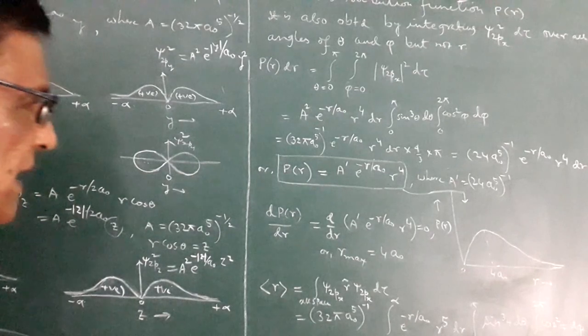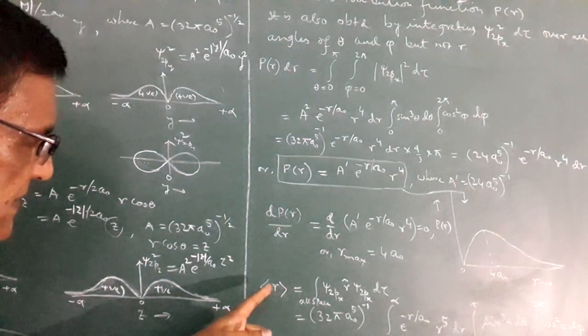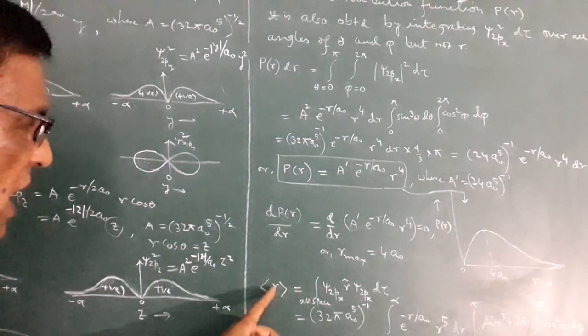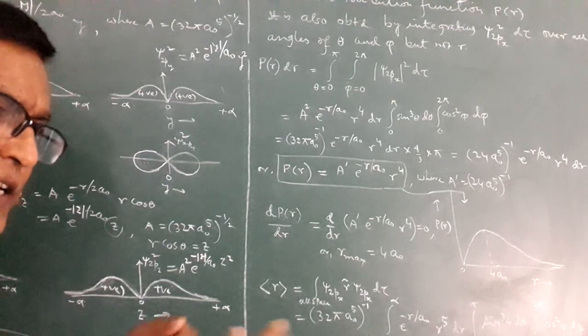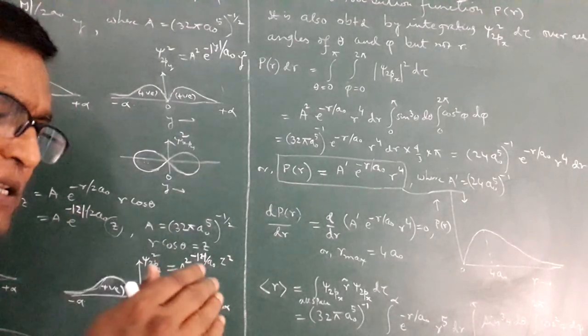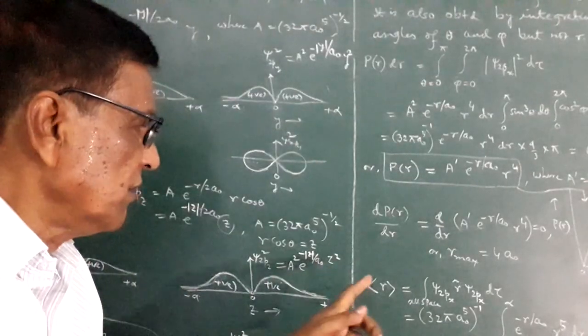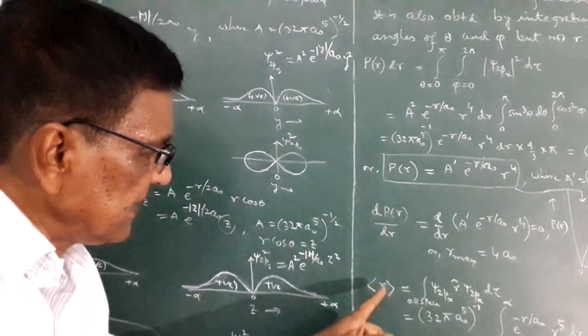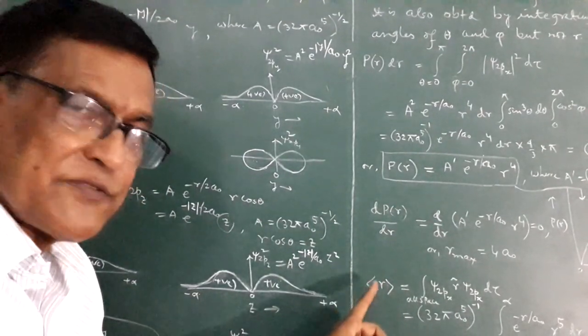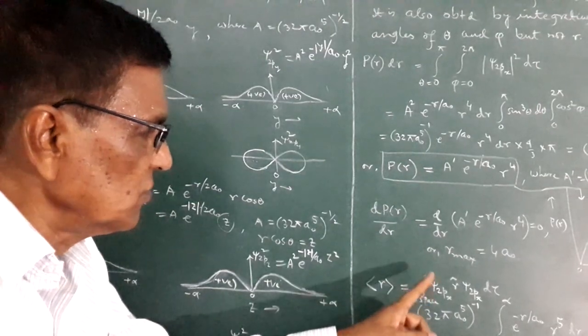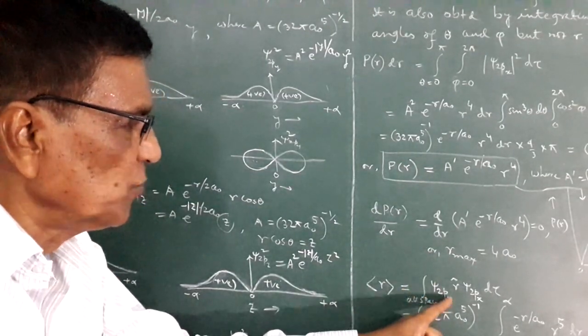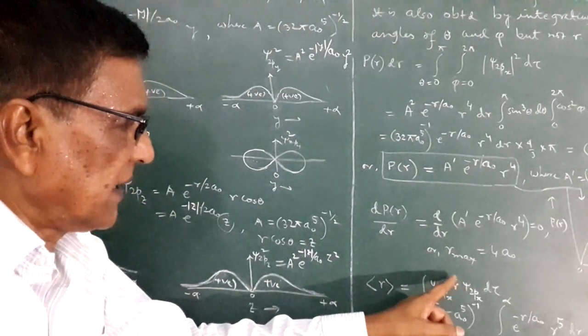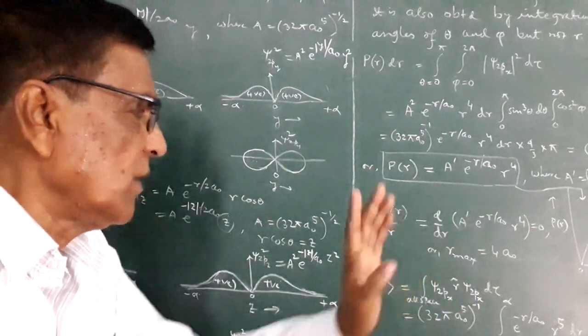We can also calculate the expectation value of r. R means radial distance, the position distance of this electron from this nucleus, and this average value of r, or expectation value of r, is equal to the all-space integration of psi 2px star, r cap, psi 2px d tau.